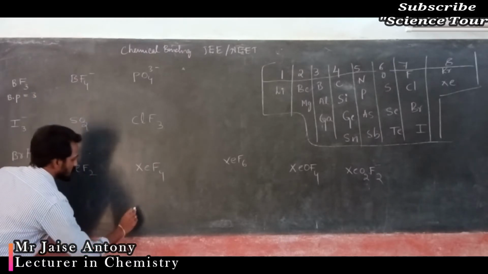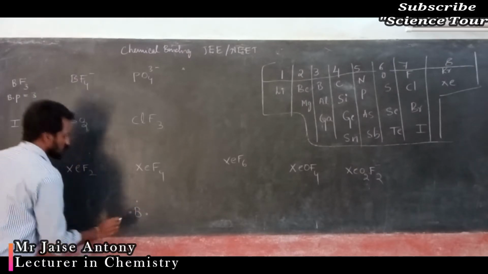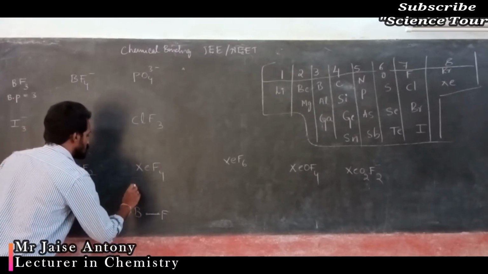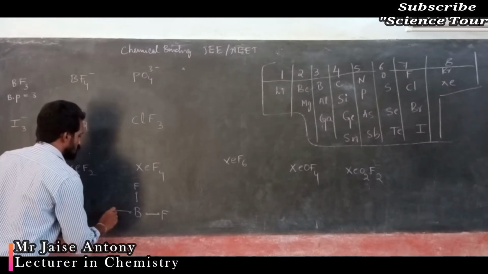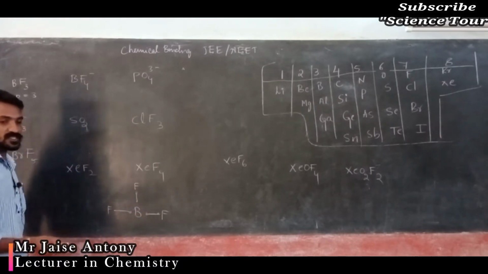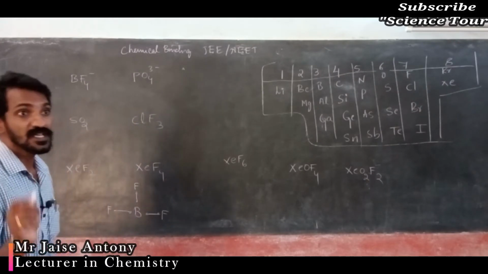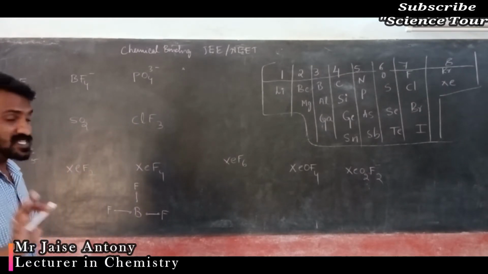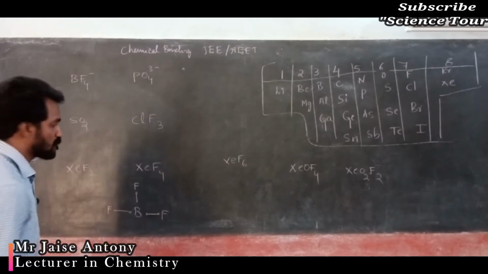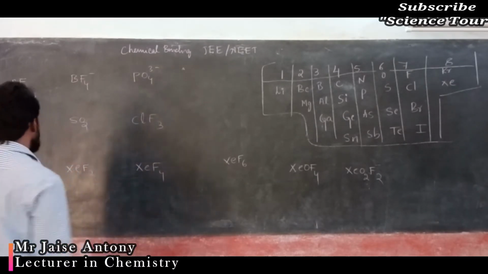That I will write here, my dear students. See, the 3 valency electrons of boron form bonds with the 3 fluorine atoms. Understood? That means how many bond pairs are formed? 3 bond pairs formed.